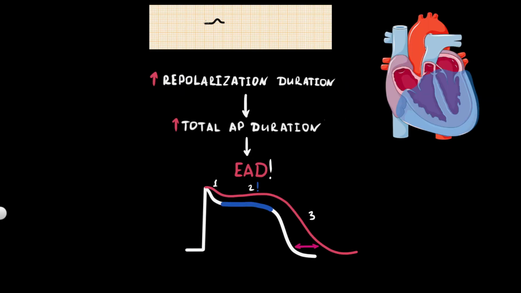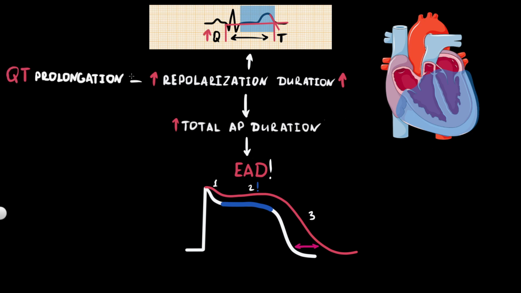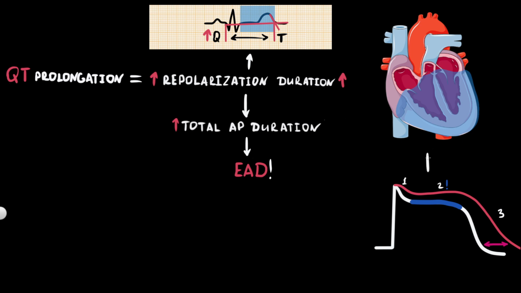Most of repolarization of ventricular muscle occurs during the time interval from the end of the QRS complex to the end of the T wave, which is included in measurements of the QT interval on ECG. Therefore, prolongation of ventricular repolarization that causes early afterdepolarization is associated with lengthening of the QT interval and alteration of the characteristics of the T wave.